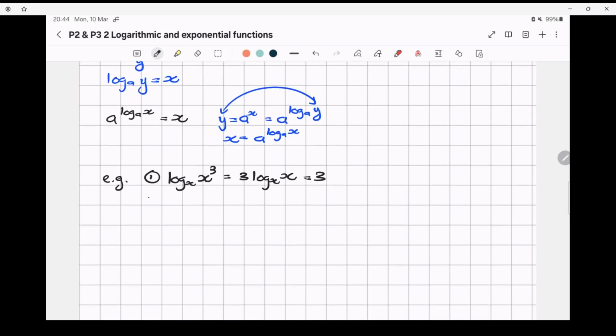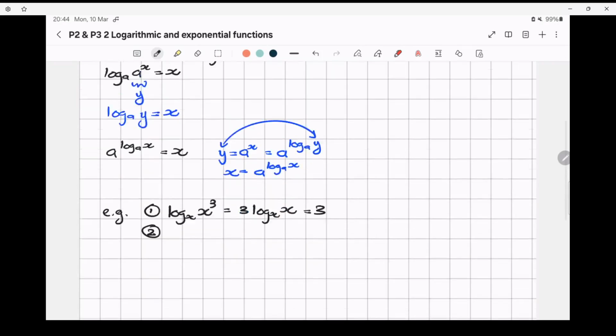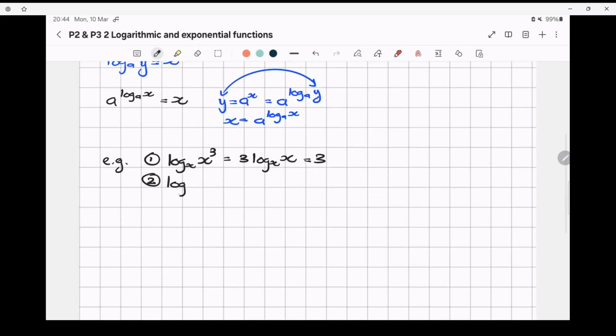If you are given log base x of the square root of x to the power 5, you turn it back to the power form, log base x of x to the power 5 over 2, so this will be just 5 over 2.